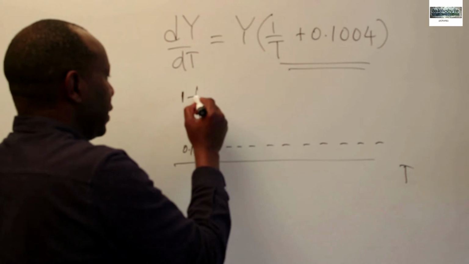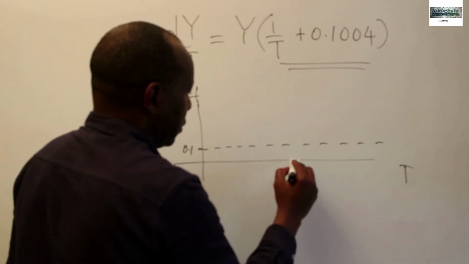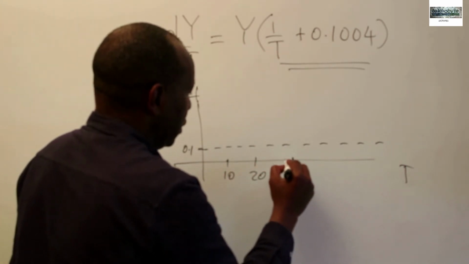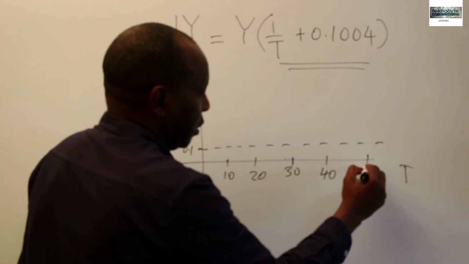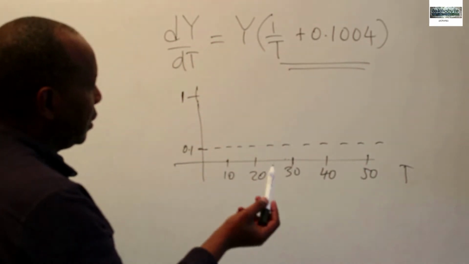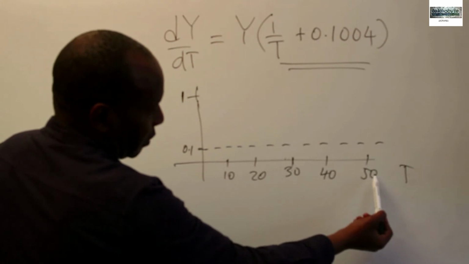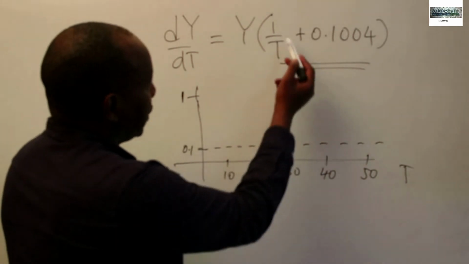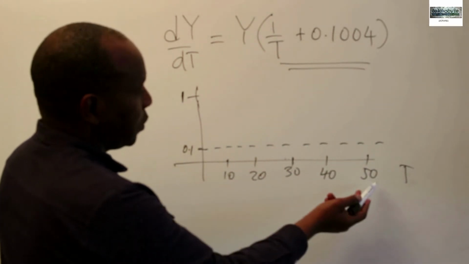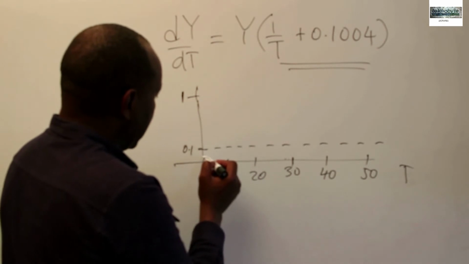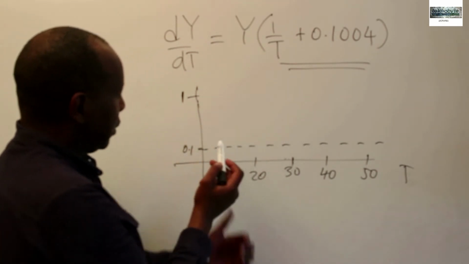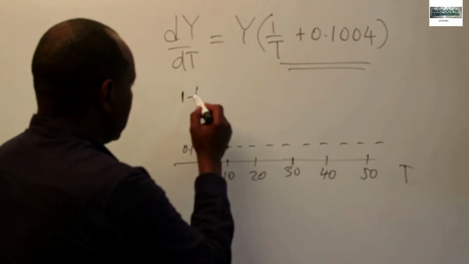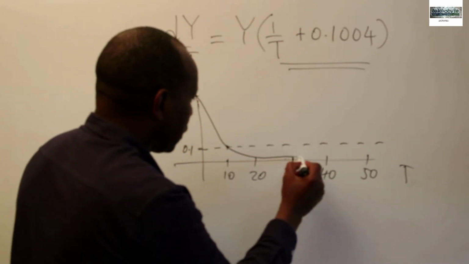Then 1 over t, if you take the days as 10, 20, 30, 40, and 50, you can see that after 50 days from when you start counting, 1 over t will have fallen to 0.02. At 10 days it will fall to 0.1, and here it will have fallen to 0.02. So it will be like this.